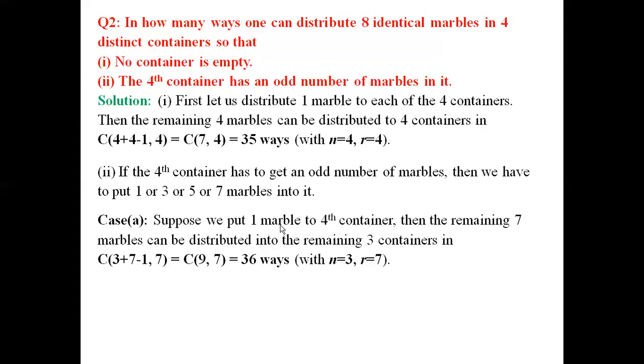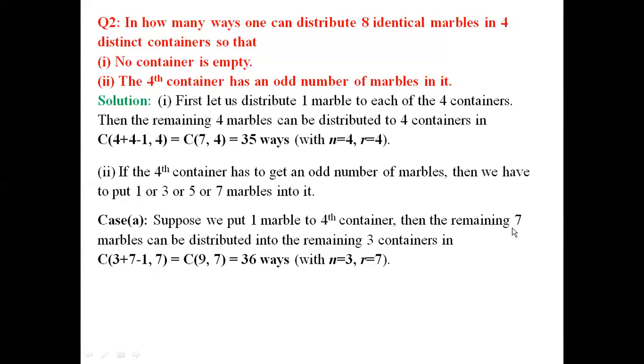So here we are putting an odd number of marbles into the fourth container. The fourth container has a restriction: we have to put only an odd number of marbles into it. So in case 1, I am considering only 1 marble being distributed to the fourth container. So the fourth container's work is over. We are left with only 3 more containers and the remaining 7 marbles to be distributed.